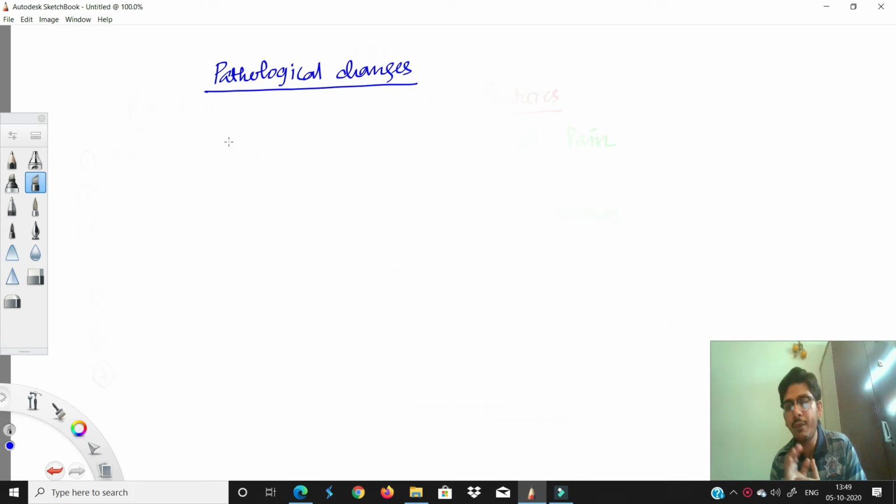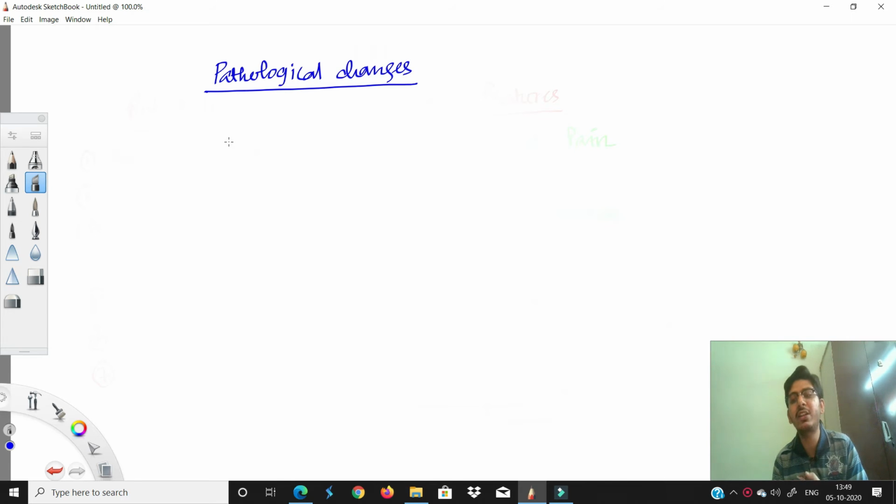If you take food, it goes through the esophagus, then reaches the stomach. In gastroesophageal reflux disorder, some food content goes back to the lower part of the esophagus. If this incident happens repeatedly, then the acidic food content of the stomach comes back repeatedly to the lower part of the esophagus.